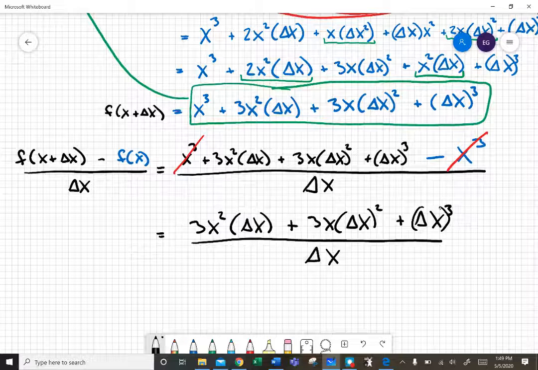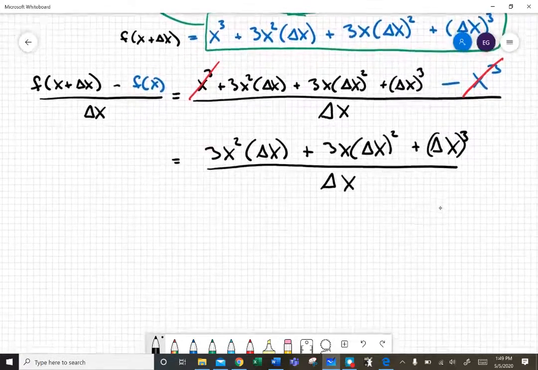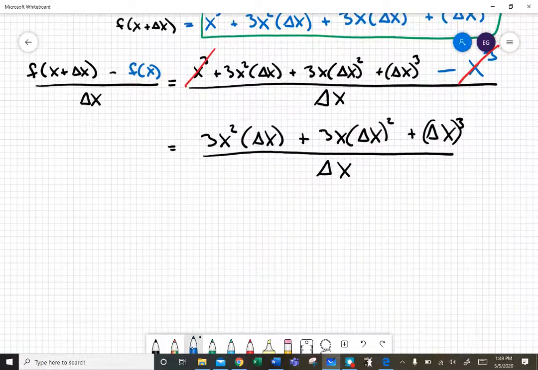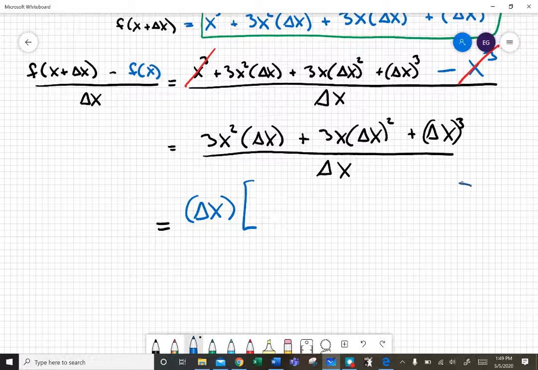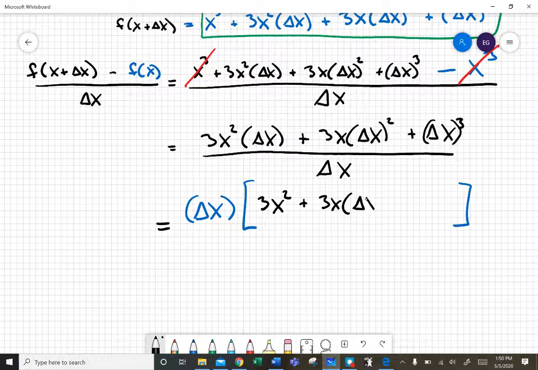In the numerator, each term contains a delta x, so let's factor out a delta x. We'll have a 3x squared from the first term, plus a 3x times delta x to the second power, with one delta x factored out, plus delta x to the second power.